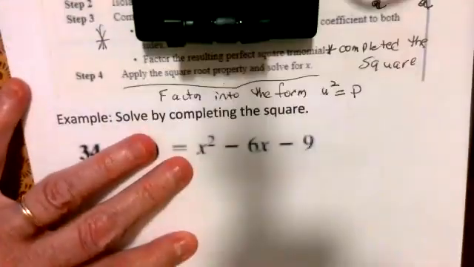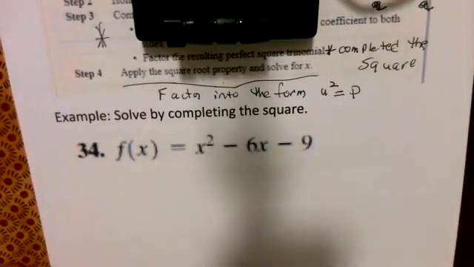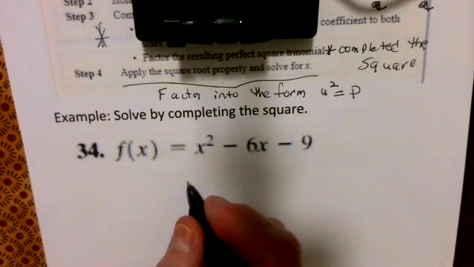Okay, so let's do an example. It sounds kind of crazy when you just hear the steps. It makes more sense, I think, when you do it. So let's see.